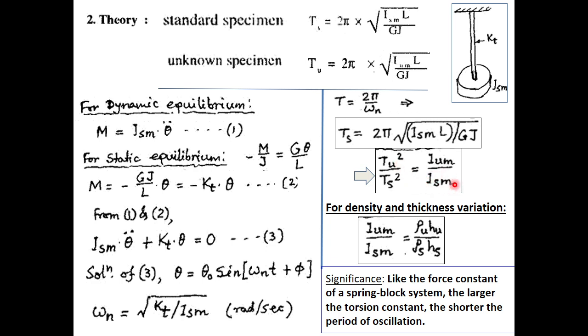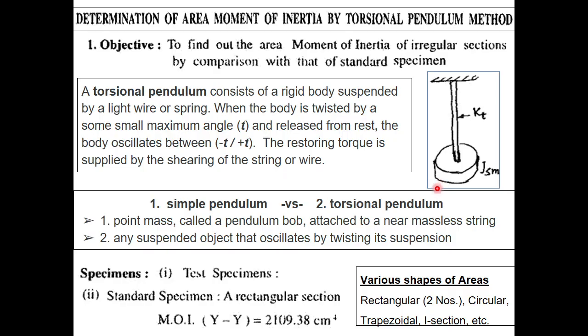Now, this is mass moment of inertia, and this is also mass moment of inertia. But if the material of the standard specimen and the unknown specimens are the same, as well as their thickness, then mass moment of inertia and area moment of inertia have a particular relation.